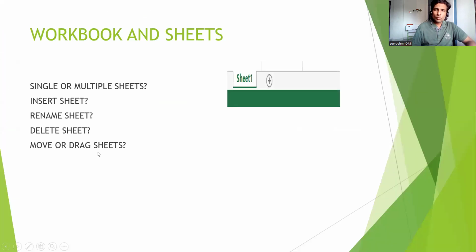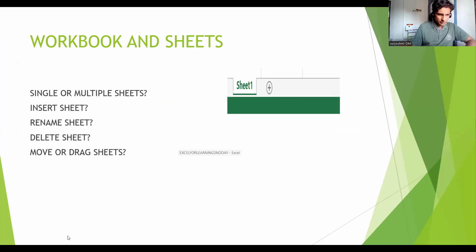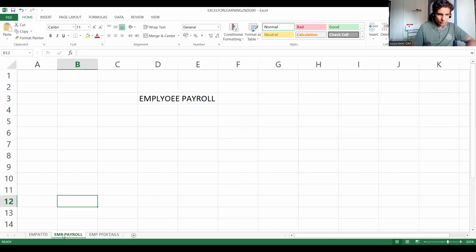So what is move and drag the sheets? Suppose I'll show you this one, how it works. Like employee payroll, I would like to keep this as my last sheet. So from your mouse, select with the left key.